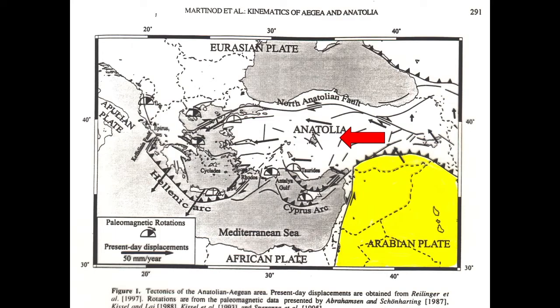Here's another view of that. You can see, so as this is being pushed out to the west, there's some subduction zones here as well. Teeth are on the hanging wall, so they're accommodating this motion as well.